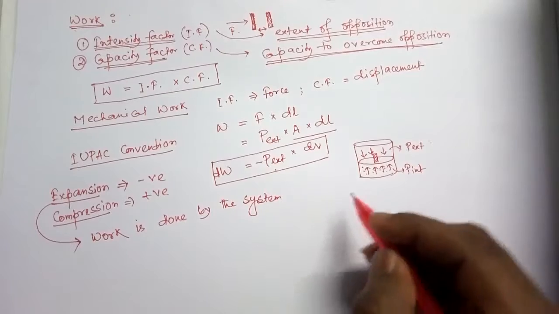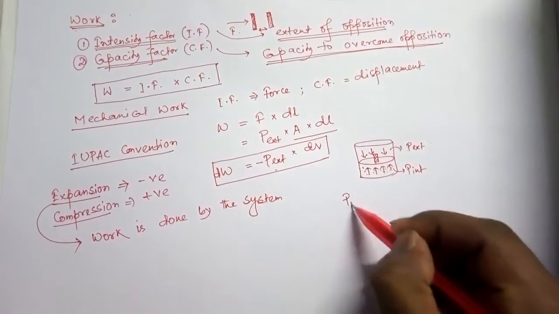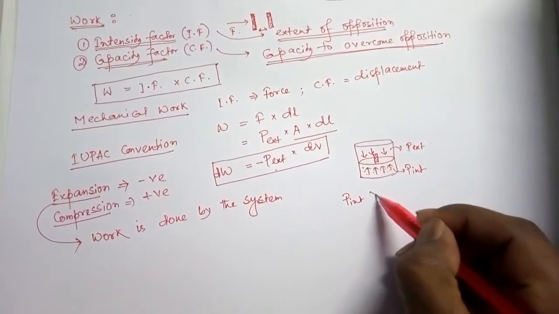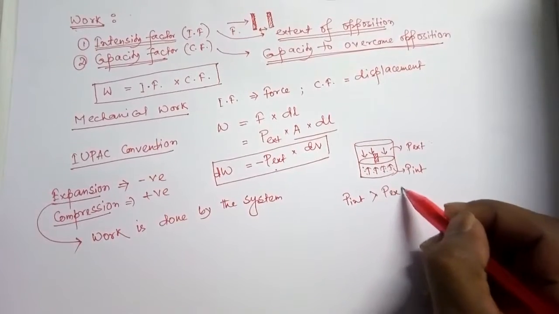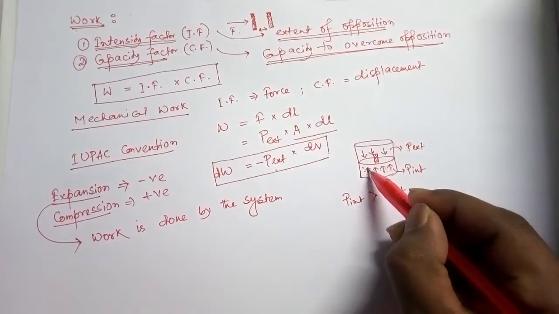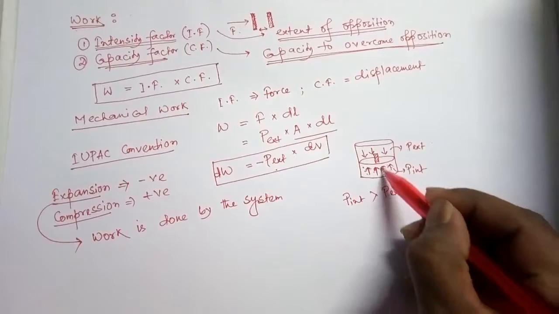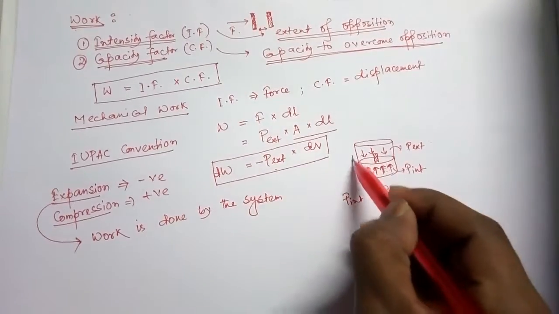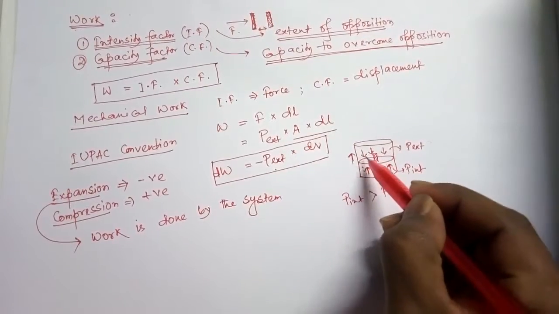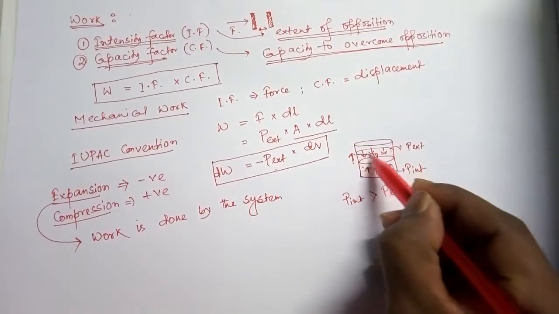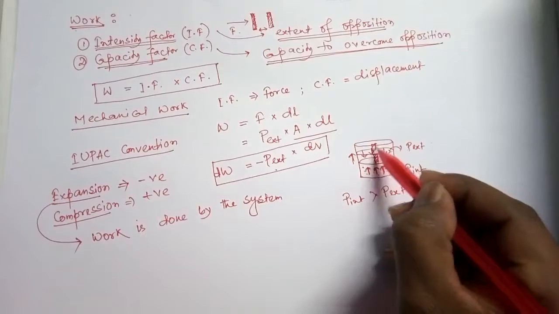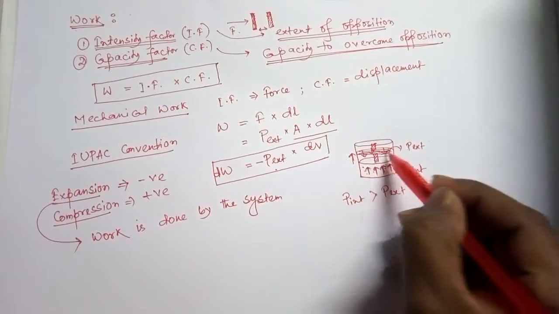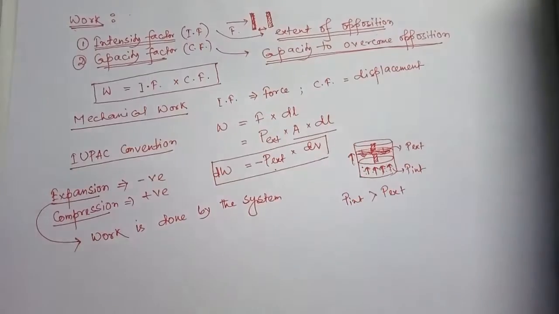So if P internal is greater than P external, then what happens? This pressure is greater, then the piston will go in the upward direction. That means expansion will happen.